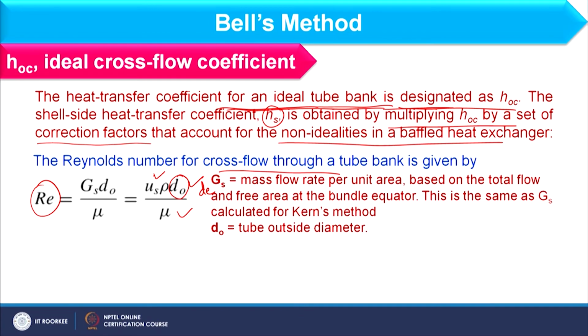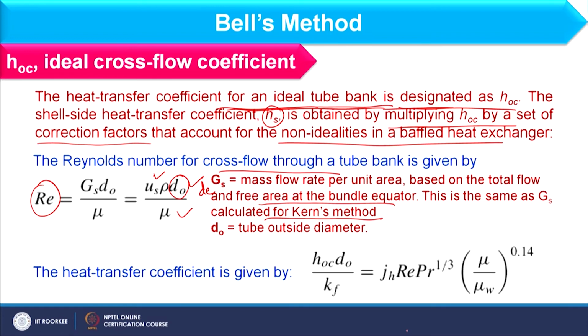So, GS is the mass flow rate per unit area based on total flow and free area at bundle equator, and this is same as the GS you have calculated in Kern's method, considering AS, right, and D naught is outer diameter of tube.